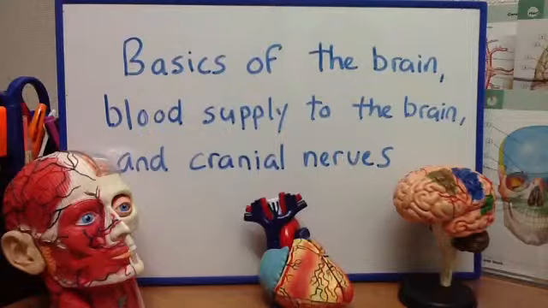A hemorrhagic stroke bleeds as a result of a weakened vessel that ruptures and bleeds into the surrounding brain. So remember, the cerebral emboli are part of a thrombi, a blood clot that breaks off. The hemorrhagic stroke is when the blood vessel bursts.